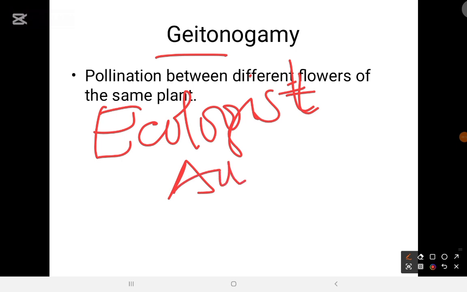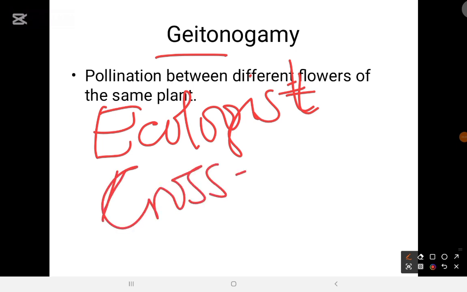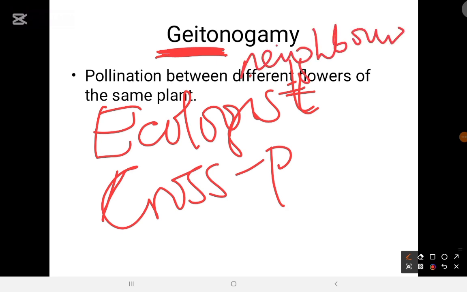No. From the ecological point of view, it is a form of cross pollination. Cross pollination is also called allogamy. In fact, the word geiton actually means neighbor. So from the ecologist's point of view, geitonogamy is a form of cross pollination.